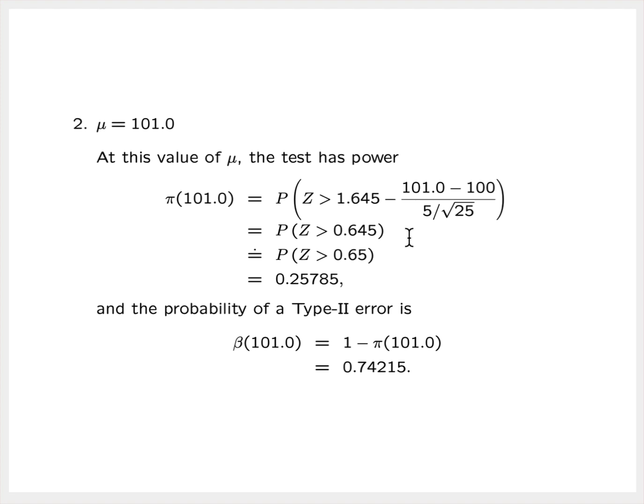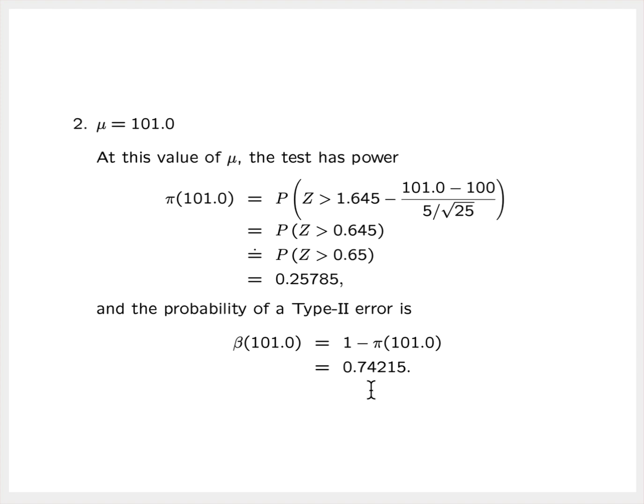I'm going to round that to 2 decimal places. And so the power function evaluated at 101 is approximately equal to the probability that the standard normal random variable is greater than 0.65. And from the standard normal table, that is 0.25785. And then we can subtract that from 1 to get the probability of a type 2 error when mu is equal to 101.